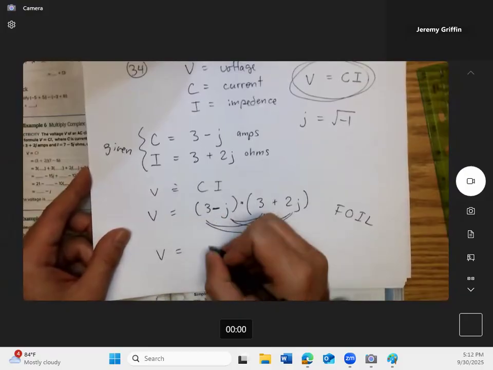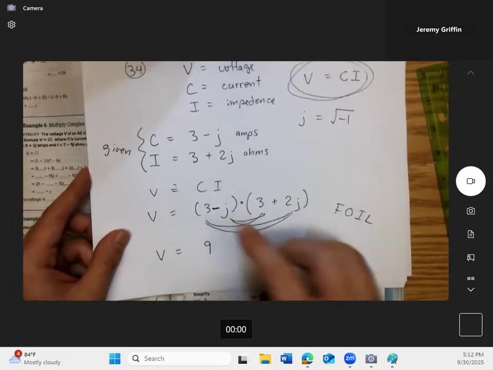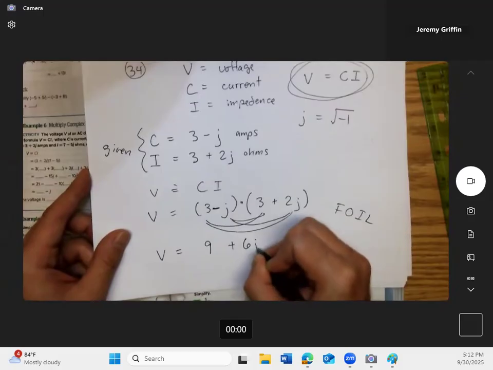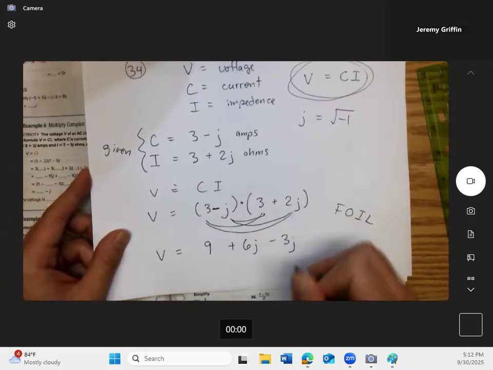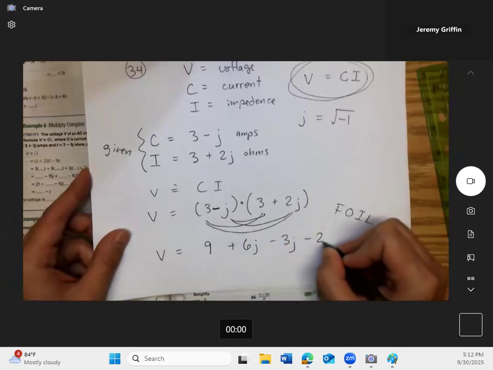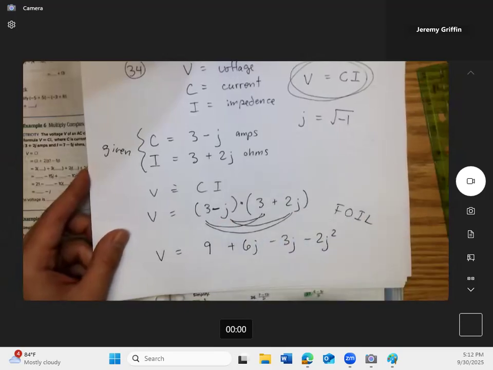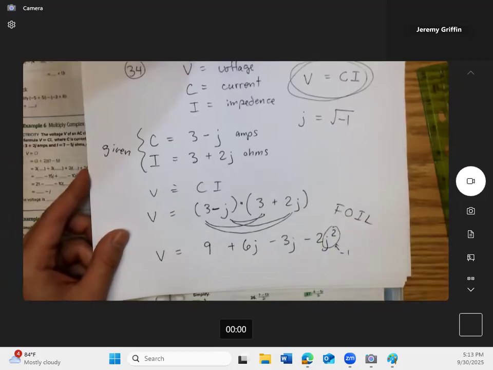So 3 times 3 is 9. Minus, or sorry, what is that? Plus 6j. 3 times 2 is plus 6j. Then minus 3j here. Then minus 2j squared. Right? But j squared, you guys know, is equal to -1.